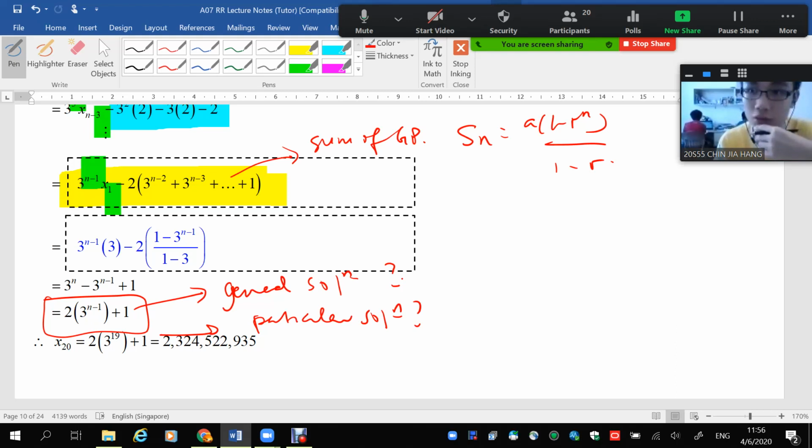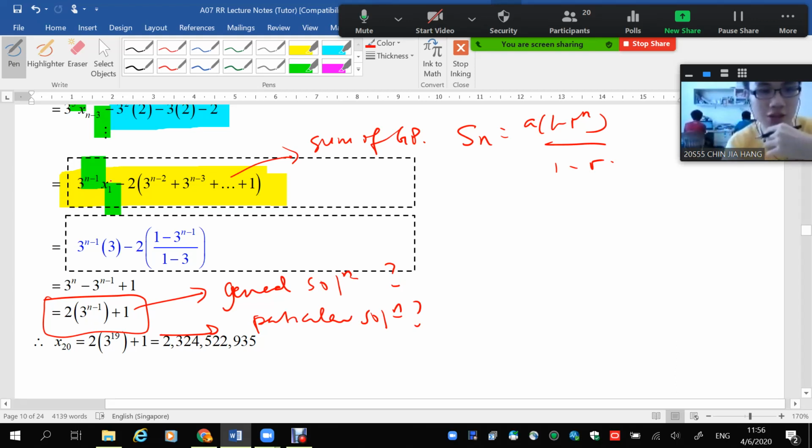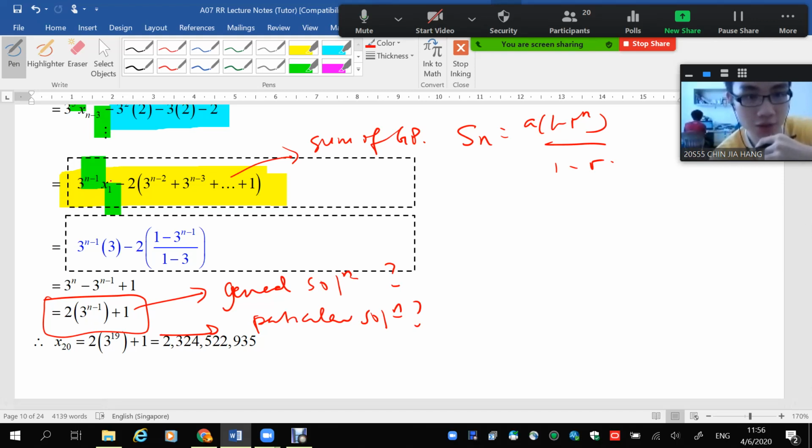Particular. Why? Because I put x1 equals 3. Yep, I've actually substituted x1 by 3. So if I ask for a general solution, what should you be writing instead? Leave it as x1. So if I want a general solution, can you please write it down?